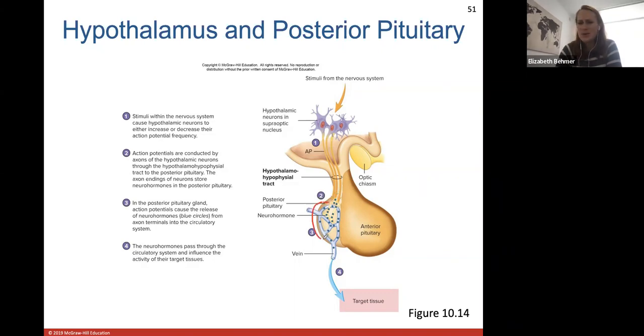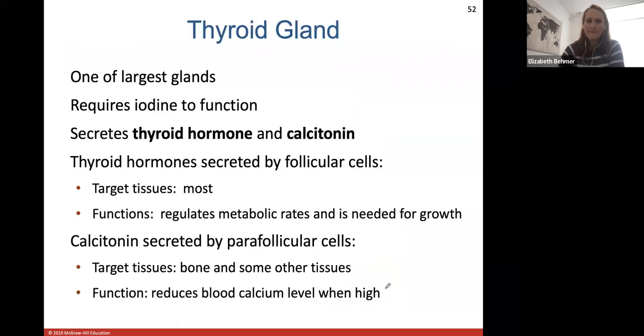So the posterior pituitary is storing hormones that are created in the hypothalamus. These hormones are then released into the bloodstream to activate your target tissues. Again, the only two hormones released from your posterior pituitary are oxytocin and ADH.